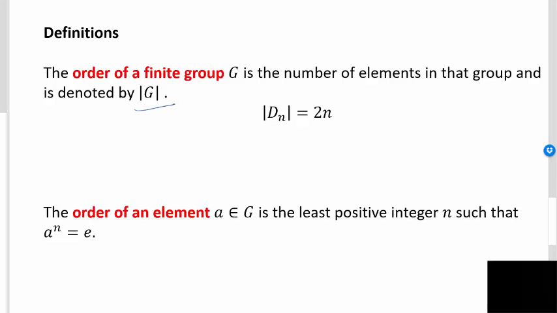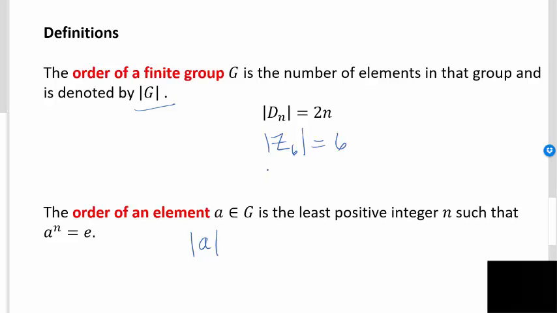It gets a little confusing because the order of an element A is also denoted by this, the order of A. And so you have to read those bars as the order of, but if there's a group inside those bars, it means the number of elements in the group. For example, the order of Z6 is equal to 6.